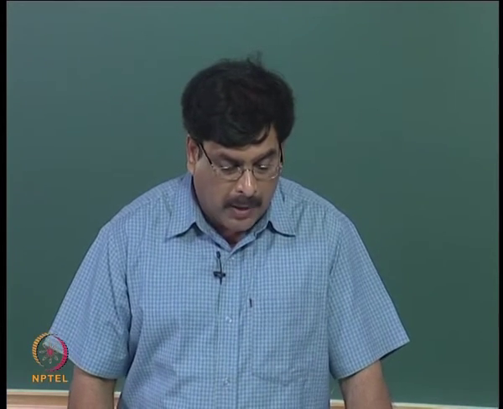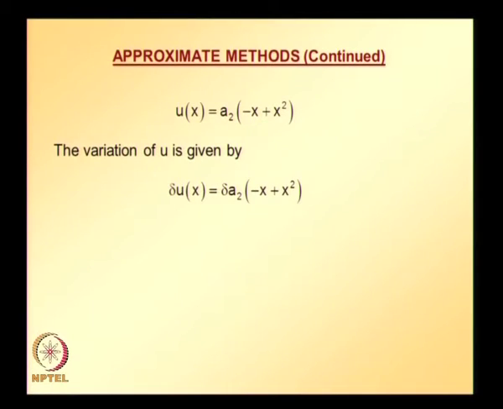Here I took the admissible trial solution, and the variation of that is delta a2 times minus x plus x square. Substitute x is equal to 0 and x is equal to 1. In both cases the variation of u turns out to be 0. So, the reasoning with which we cancelled out the first two terms to arrive at the equivalent variational functional is indeed correct.